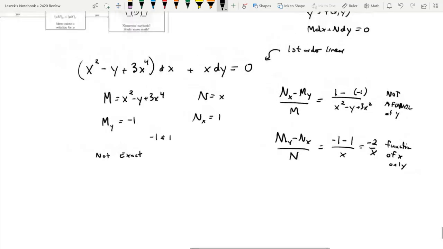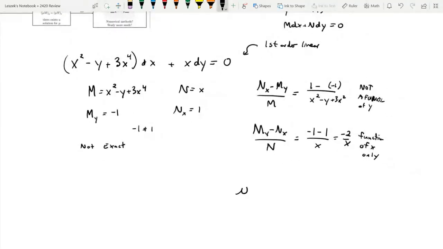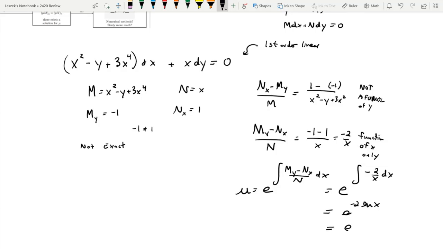So now we know that an integrating factor here goes according to this formula. So we get log of x, properties of logs, log and exponential are inverses.